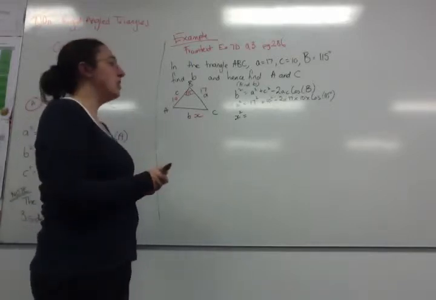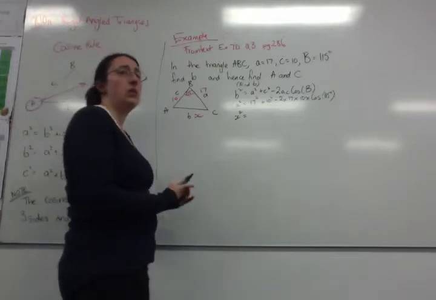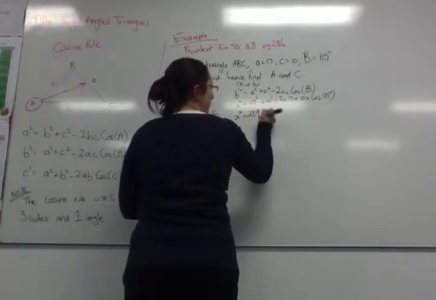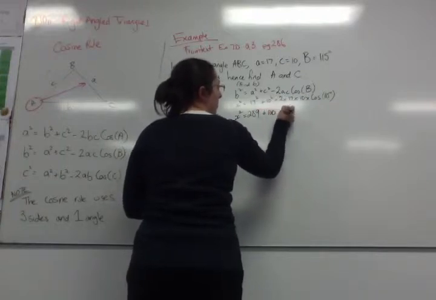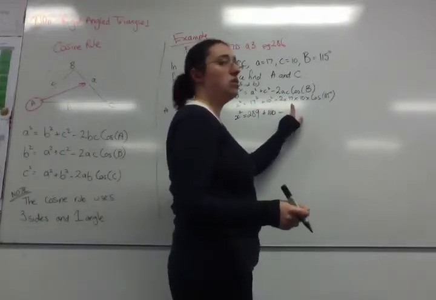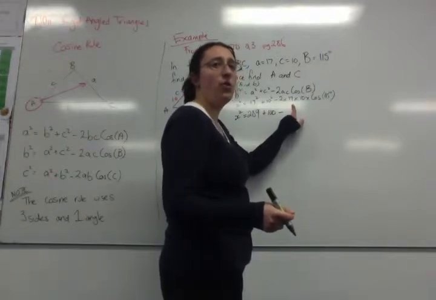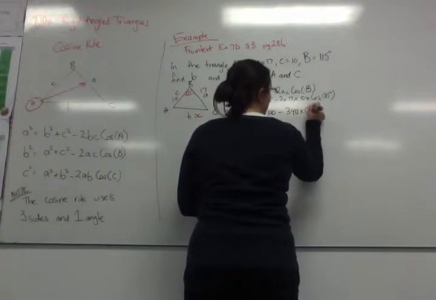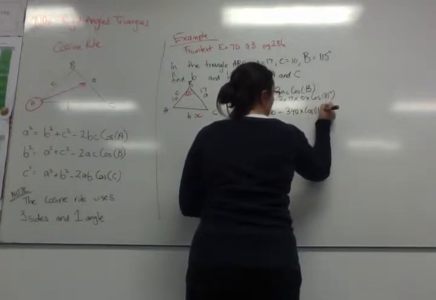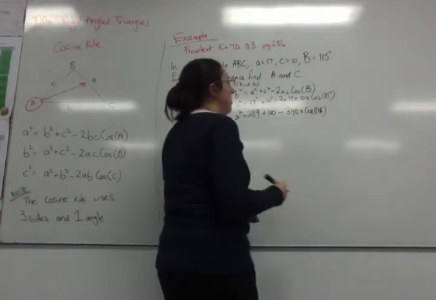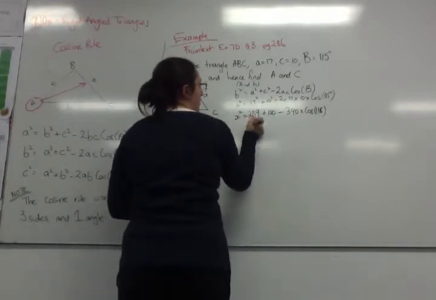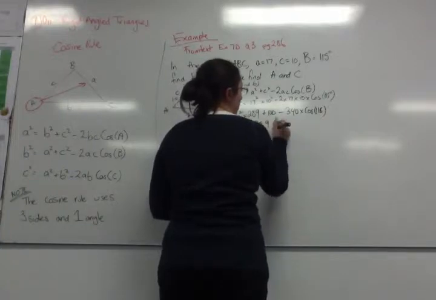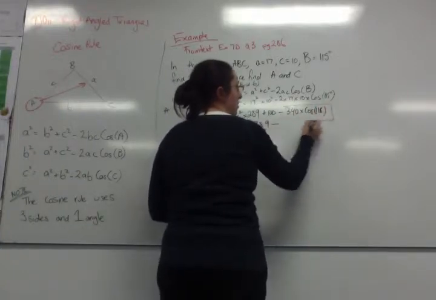Alright, let's break it up. Let's do it in parts. What's 17 squared? 289. Plus 100, minus 2 times 17 is 34, times 10 is 340, times the cos of 115. So that's 389. Take away, what's this bit here?